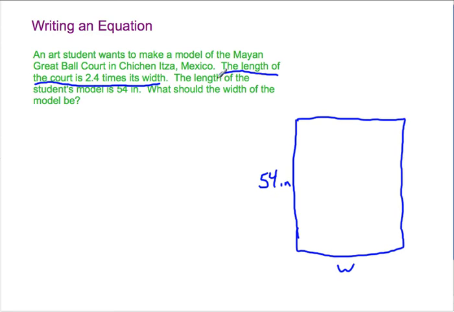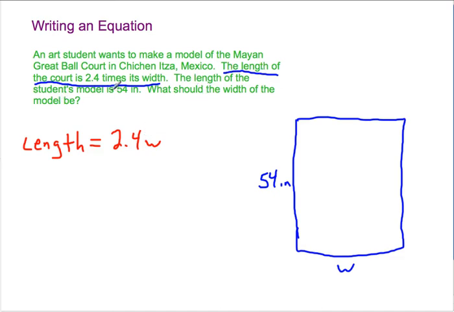We can use this sentence that will really help. So we have, let me use a different color here, the length of the court, length, is, that means equals, 2.4 times its width. 2.4 times W. Remember, when you put a number next to a letter, that means multiplication.